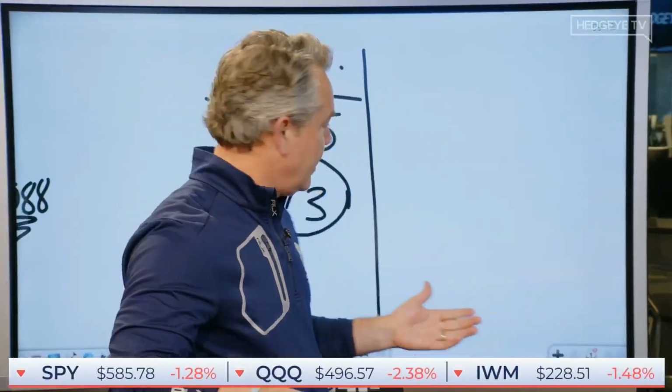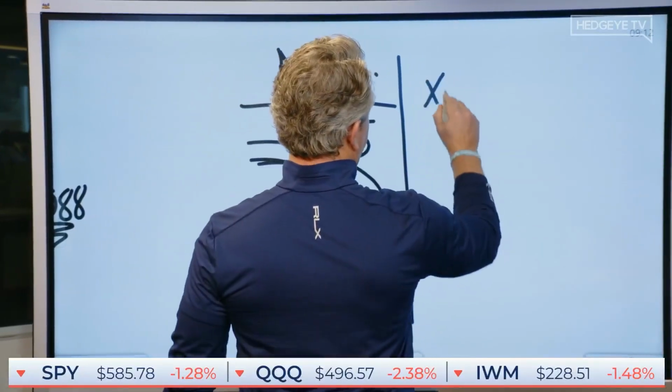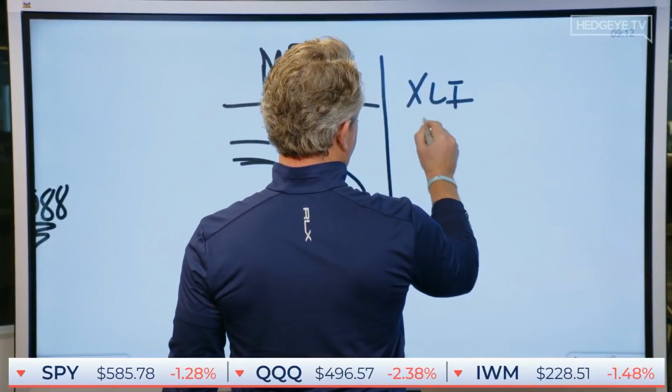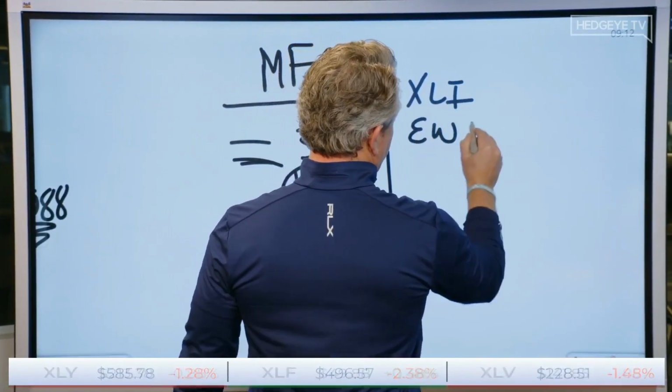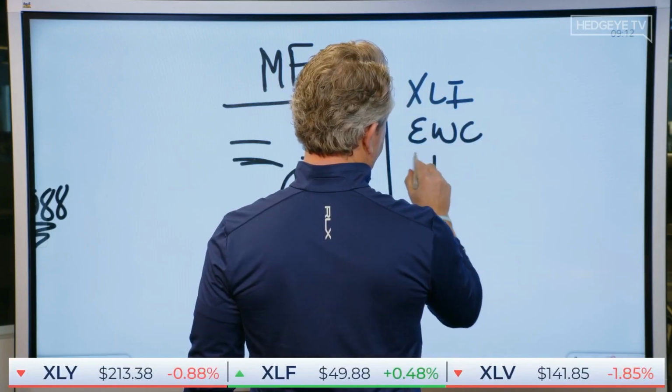But then I added IPO, S&P momentum, which is growth, right? And what was the other one I added? I added a country. I also added cyclical growth through industrials. So again, I got XLI, I got EWC, I have S&P momentum.